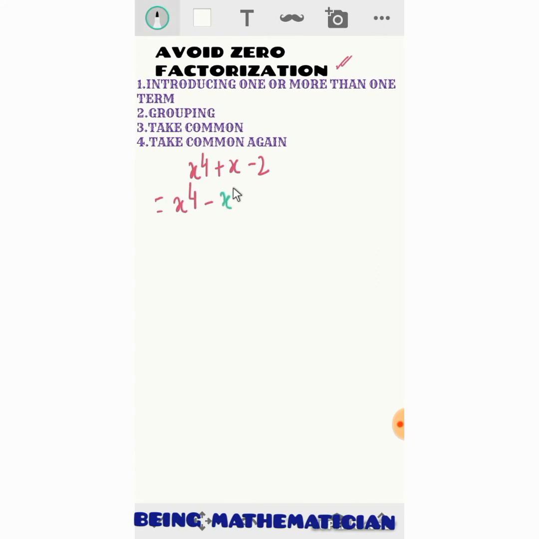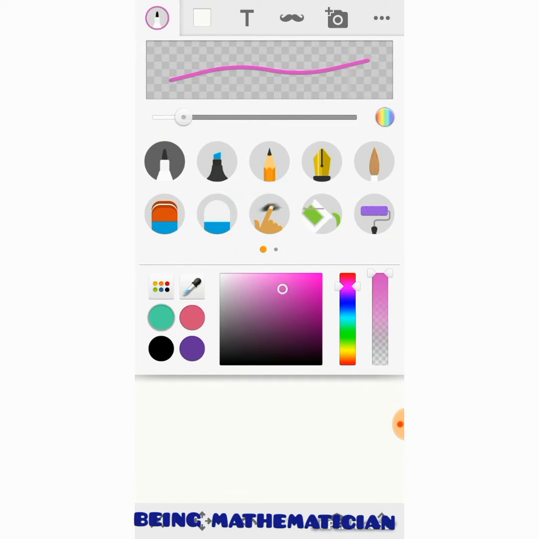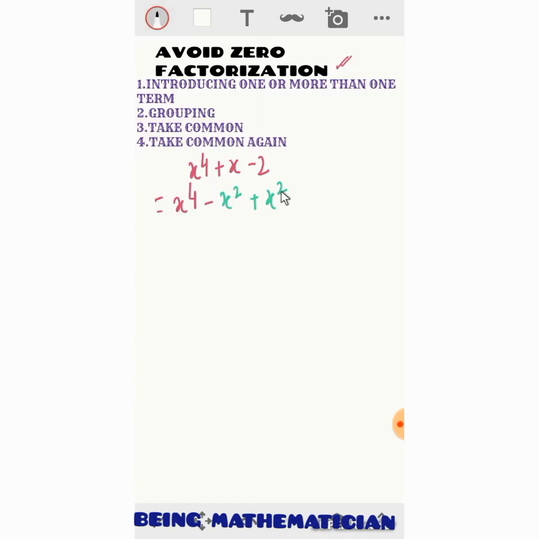x square plus x square plus x minus 2. So here we introduce these two terms, and then from the first two terms we take common x square, so we get x square minus 1, and then remaining terms can be factorized by middle term factorization.